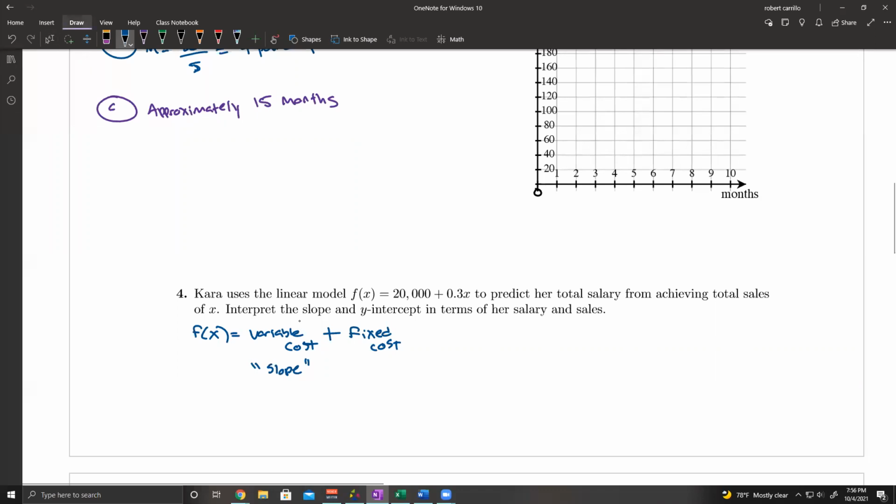Okay. And if we look at our given function, f of x, and I rewrite it with the x term first, 0.3x plus $20,000, what do you think the slope means when Kara uses this function to predict her total salary from achieving total sales of x?